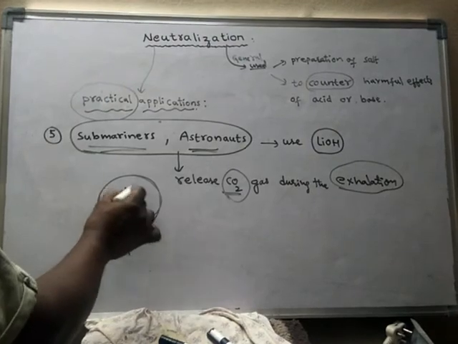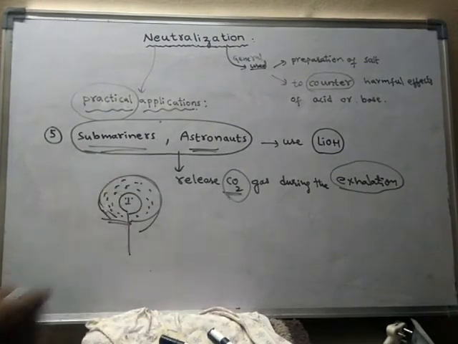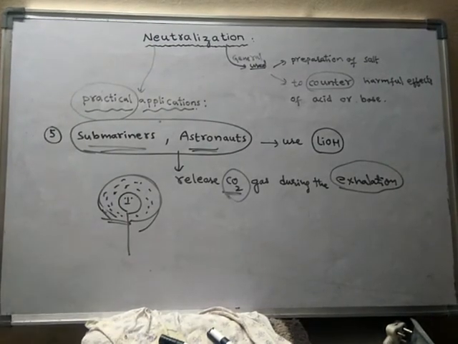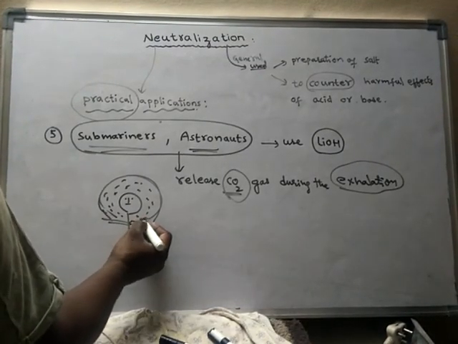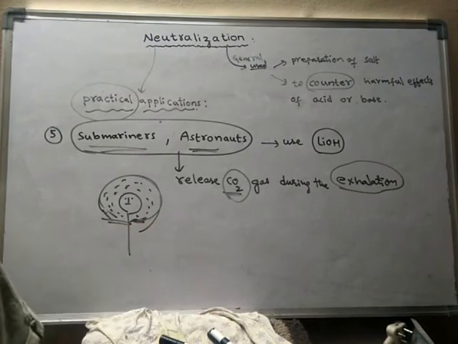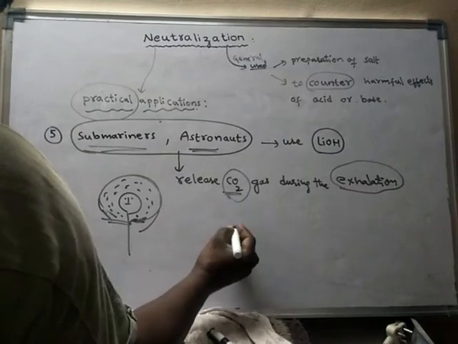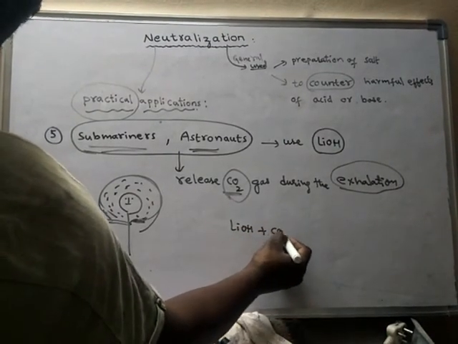So the carbon dioxide gas will stay there only. This carbon dioxide gas causes harmful effects if it is in excess amounts. So in that case they use lithium hydroxide tablets. Lithium hydroxide will react with carbon dioxide.